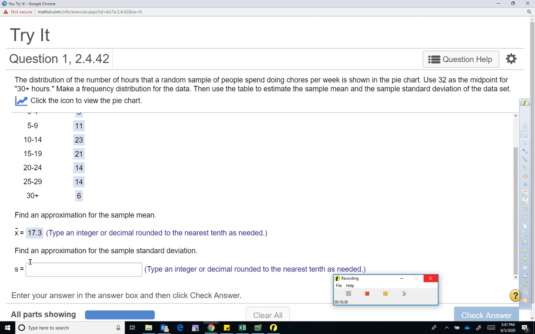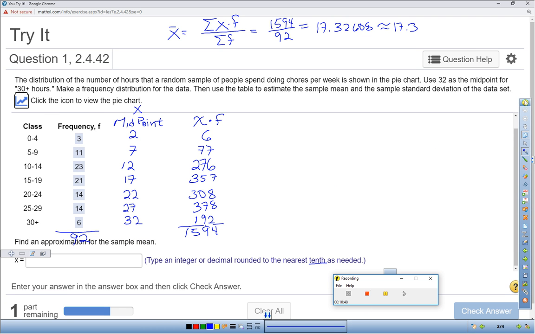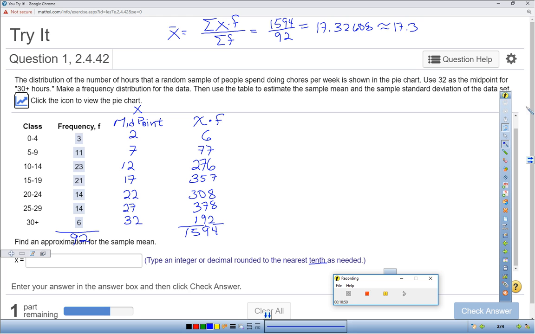Now it's asking to find the standard deviation. So to find the standard deviation, I need to do more calculations. I need to add more columns to this distribution table.